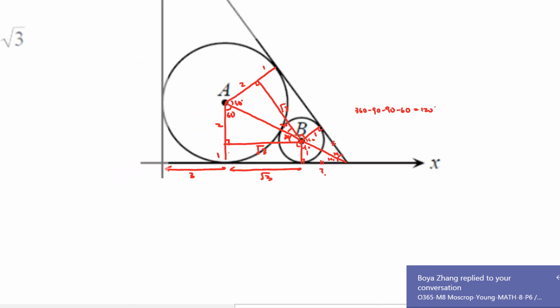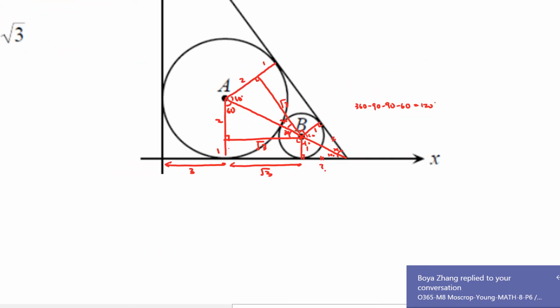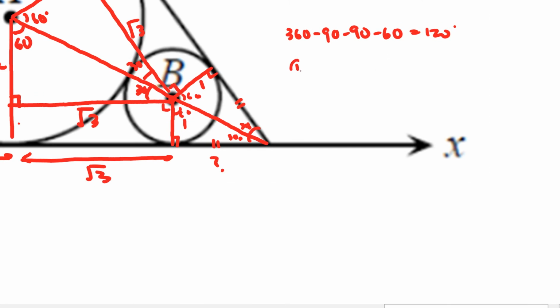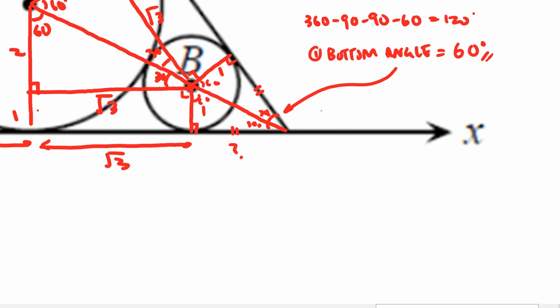So what you've established is, number 1, the bottom angle down over here is equal to 60 degrees. Okay? And then number 2, you want to find the length of the question mark, which is this length.